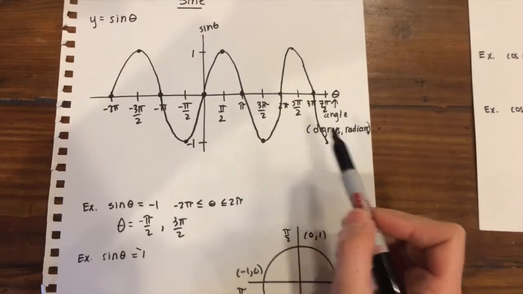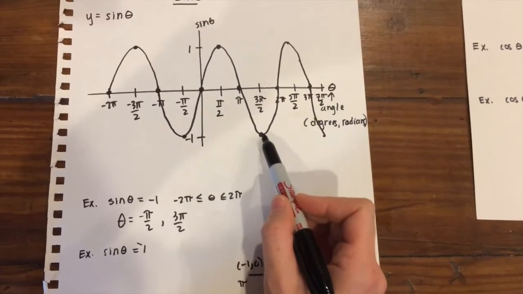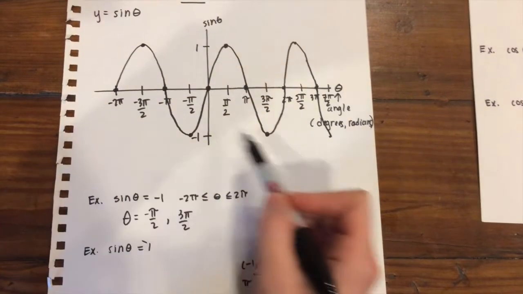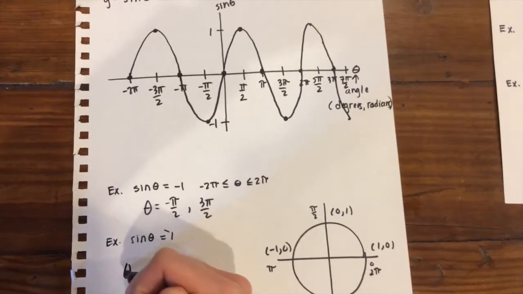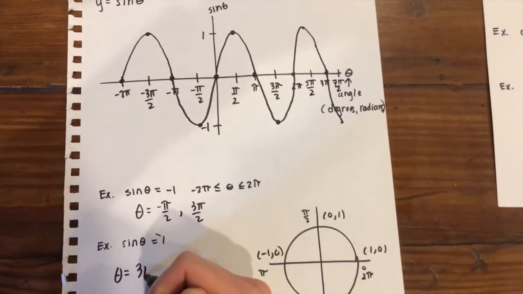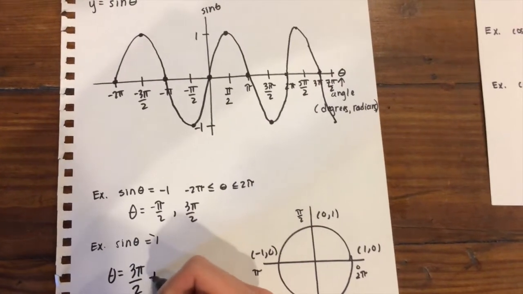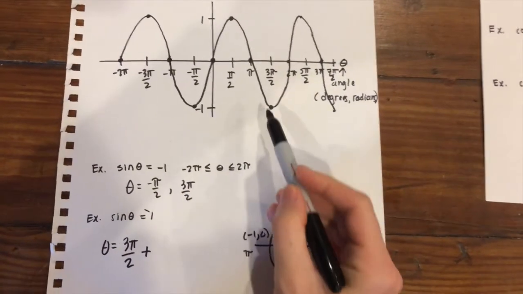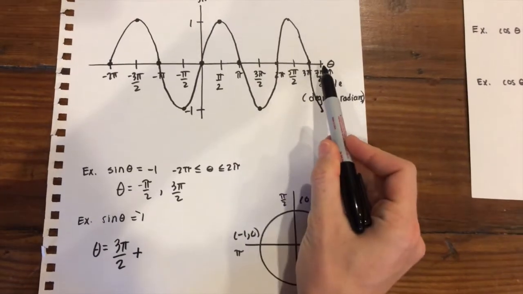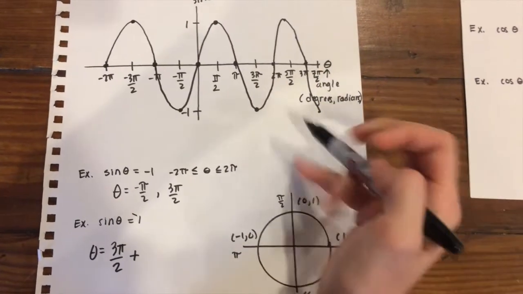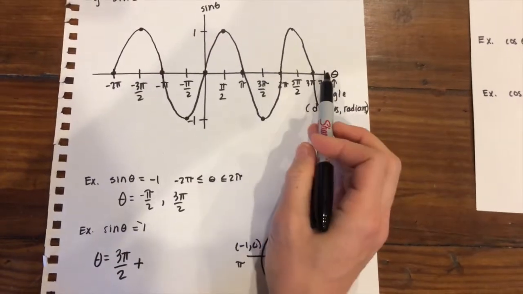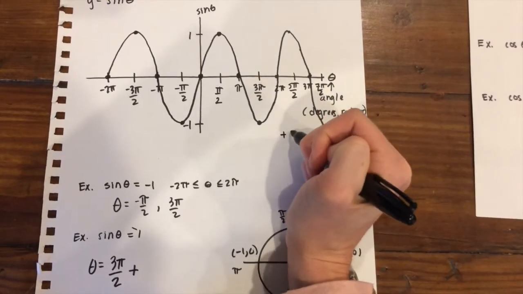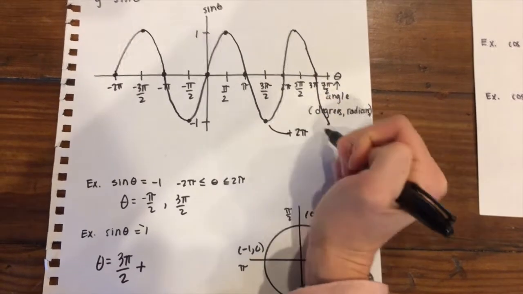The way that you write all of those infinite solutions, and you have more in the negative direction also, is you say theta equals 3 pi over 2 plus, and I want to figure out what I have to add to this angle to get to my next solution and my next solution. Well, to get from 3 pi over 2 to 7 pi over 2, you're adding 2 pi.